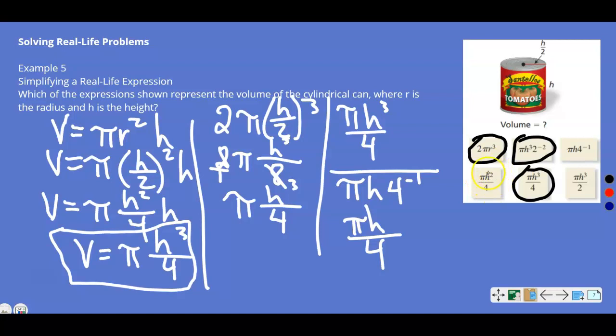That one also is not cubed, so that one is not a solution. Pi h cubed over 2. That one needs a 4 in the denominator, so that one is not a solution either. So if you look at these and rewrite each one of these, you can see that there are 3 correct solutions that represent the volume of this cylinder can.